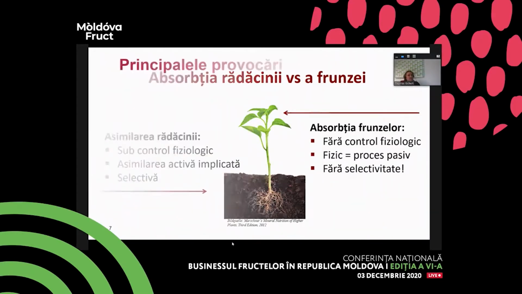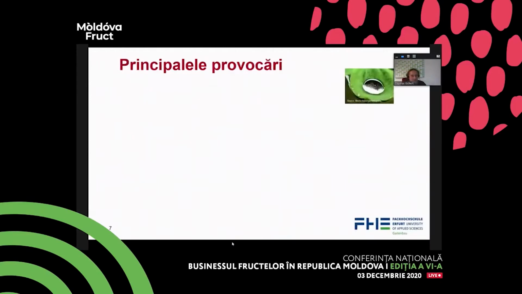And this is the main problem, the main challenge in this business: we have the hydrophobic surface, more or less. It depends on the species, but generally they are more or less hydrophobic. They repel the water and the nutrients inside. And our nutrients are hydrophilic. They are water soluble, they are salts, or they are water soluble like urea or boric acid.